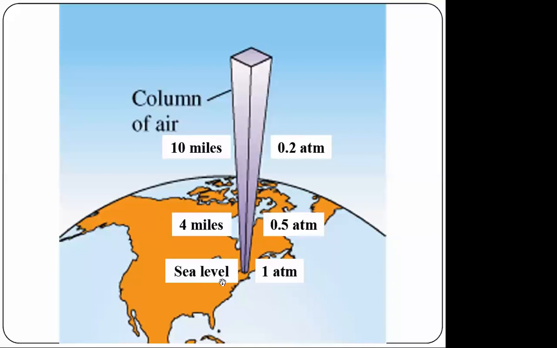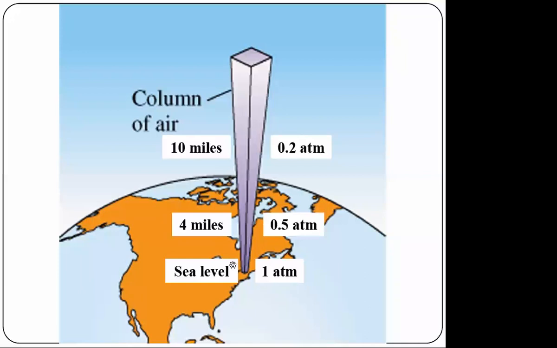At sea level, the atmospheric pressure is 1 atmosphere. When you move 4 miles into the atmosphere, you have 0.5 atmosphere as the pressure. And as you move further to 10 miles into the atmosphere, you have 0.2 atmosphere as the pressure.